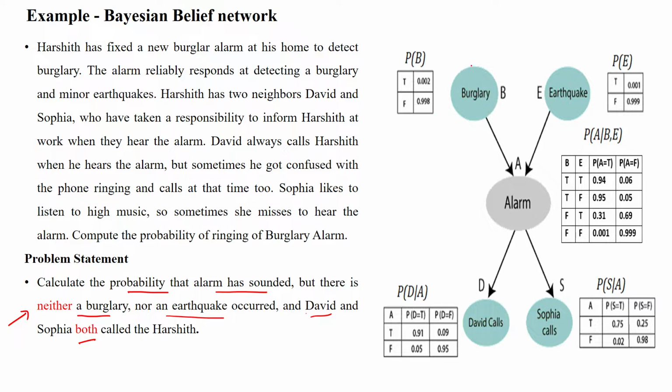So for burglary happening, burglary true, the probability is 0.002. The probability of the burglary not happening is 0.998. The probability of the earthquake happening, true, is 0.001. The probability of the earthquake not occurring, false, is 0.999.